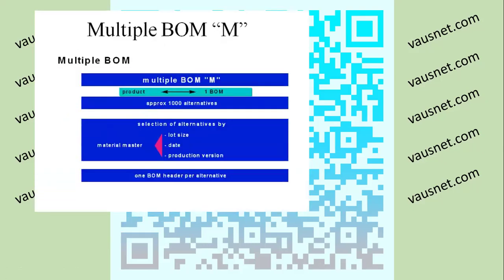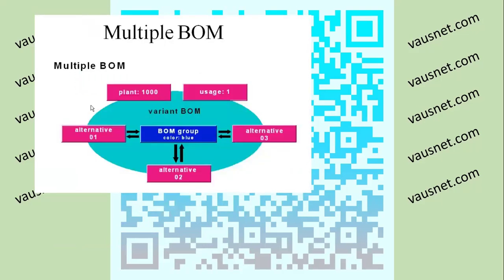The multiple BOMs are symbolized with M, and these are identified with lot size, date, and production version. And one BOM header is used per alternative. Multiple BOM, of course, we will be using alternative 03, which can be a different material, and alternative 01 can be a different material of different potency, like grade 40, 60, 70, as I mentioned earlier.